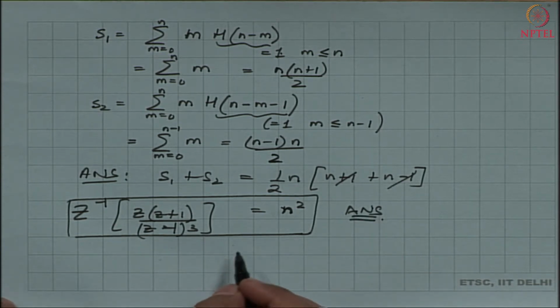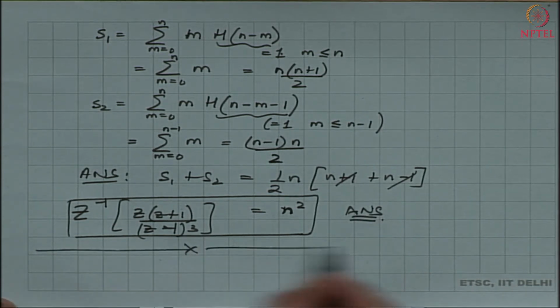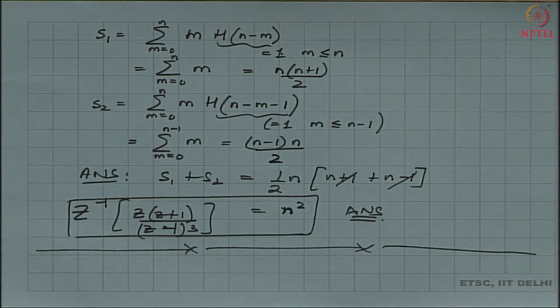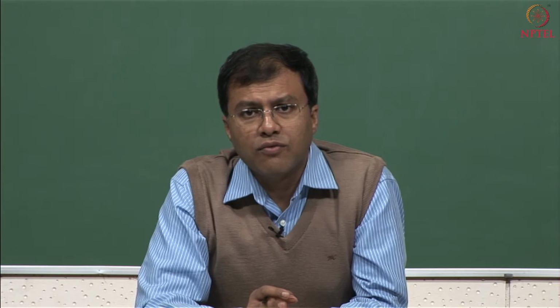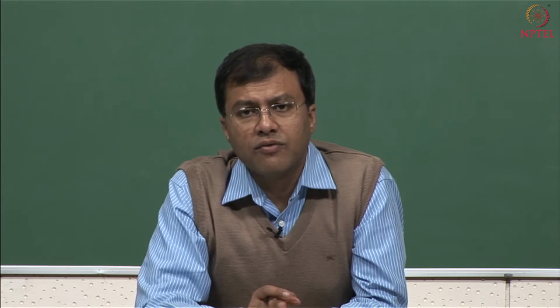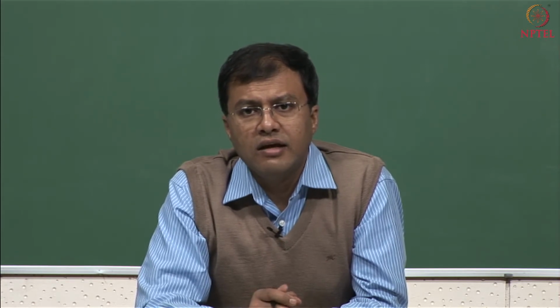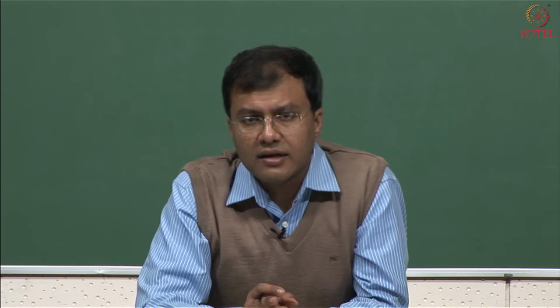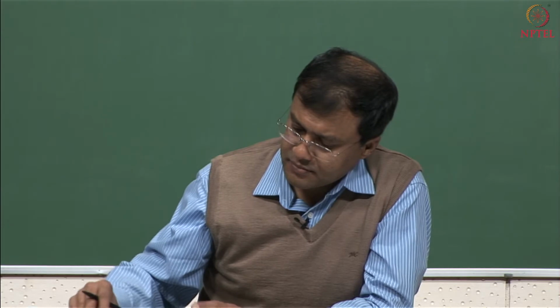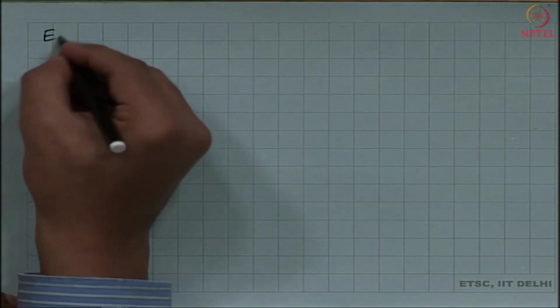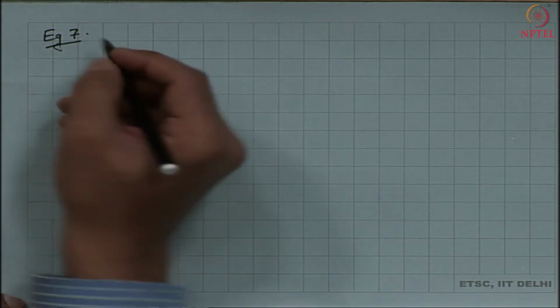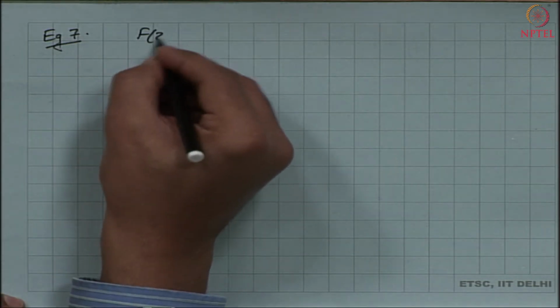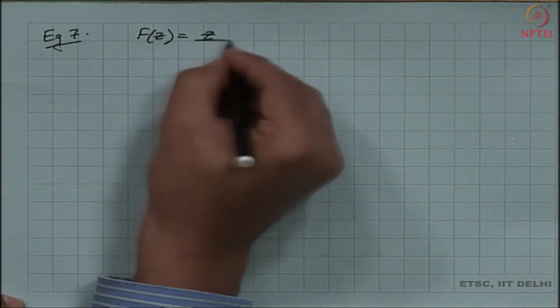Okay. Another fact that I want to highlight is that the Z transform is not unique. The Z transform depends upon the radius of convergence in which the series is summed. So, in my next example I am going to show you this fact. Consider this example. I am given the following Z transforms and they are identical.